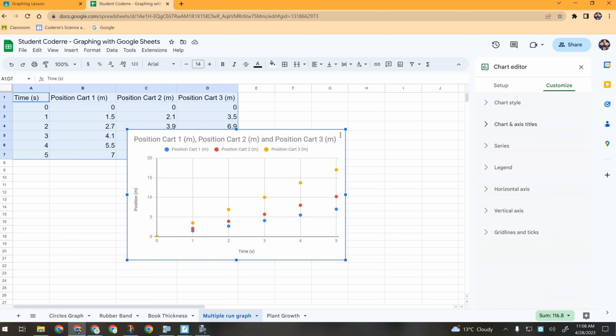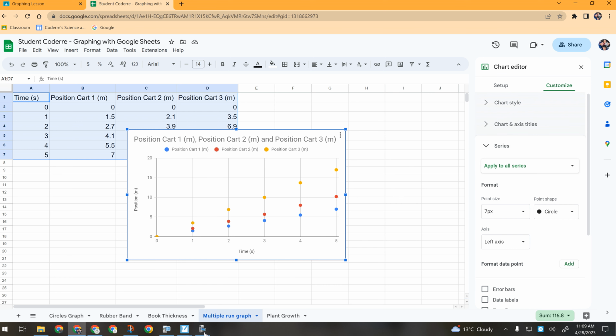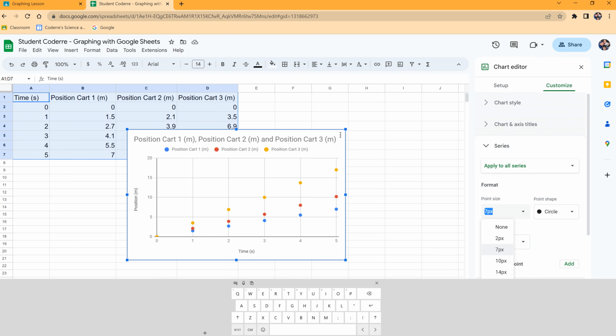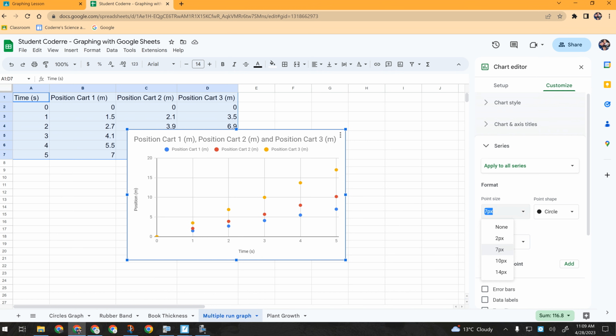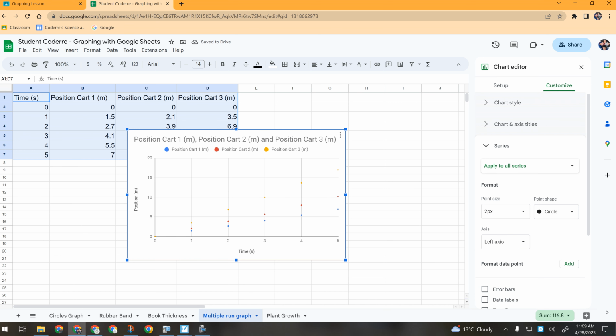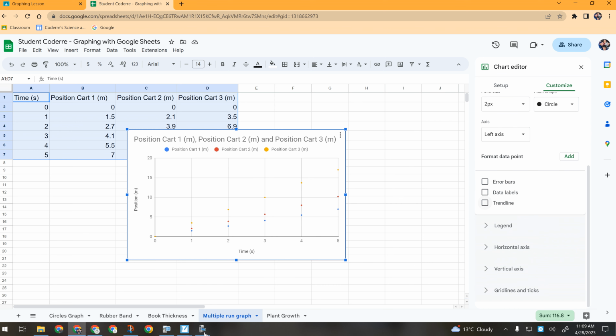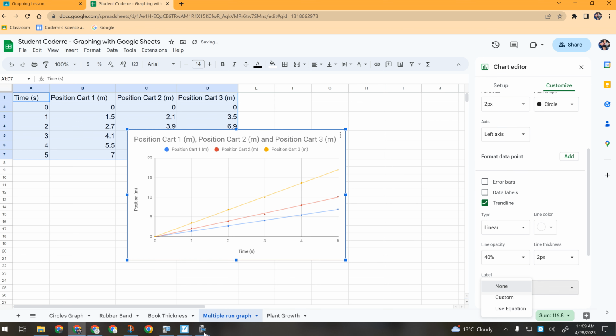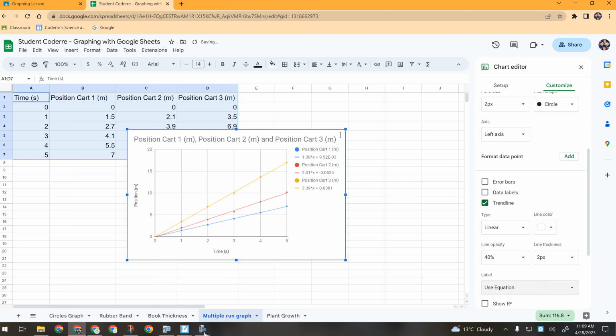As soon as I do that, it shows up there. Now I've got a properly formatted and labeled graph. Now I can do all the stuff we usually do. I go to series, and I'm going to change my circle size to 2 pixels, and I'm going to go to trend line and use equation.